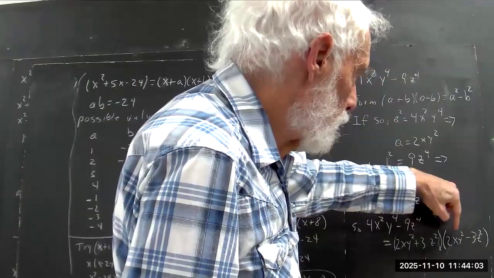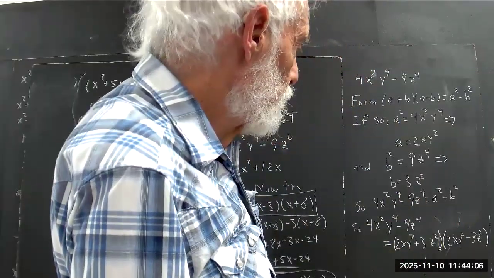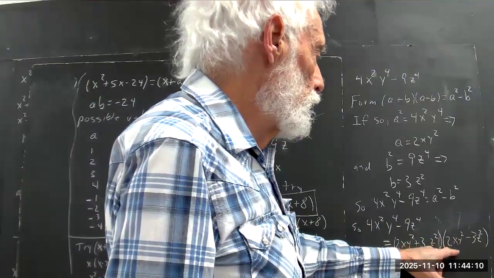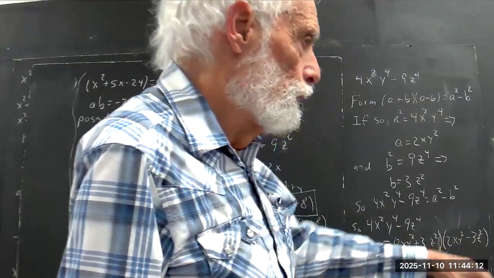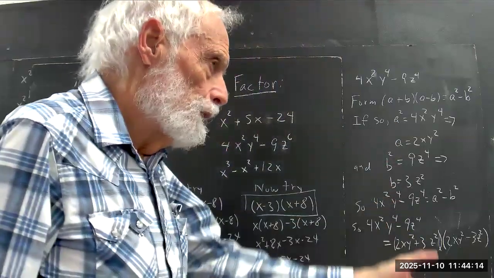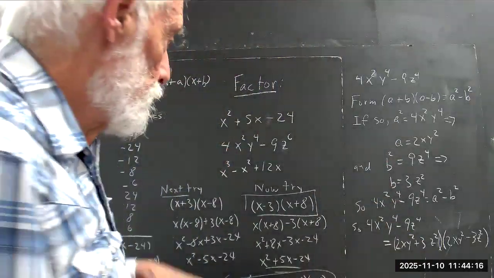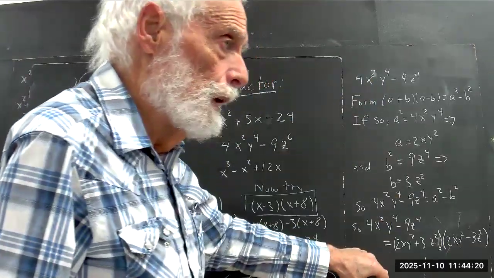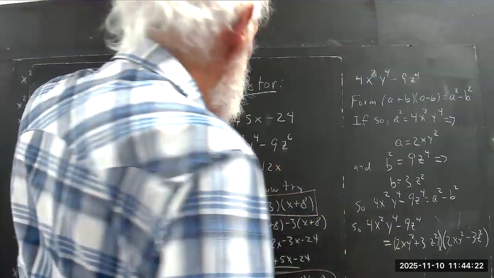And we write that here. So the result is the quantity 2xy squared plus 3z squared times the quantity 2xy squared minus 3z squared. Again, it's something you've got to do a lot of practice on before it becomes natural, but you should always keep in mind why it's true.